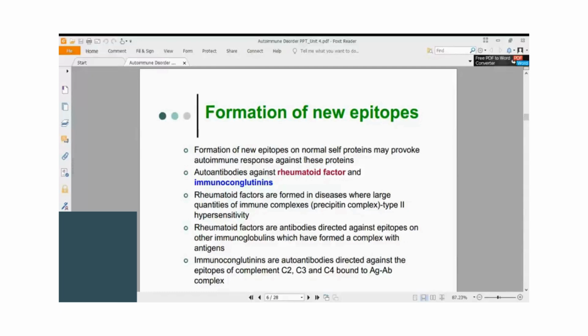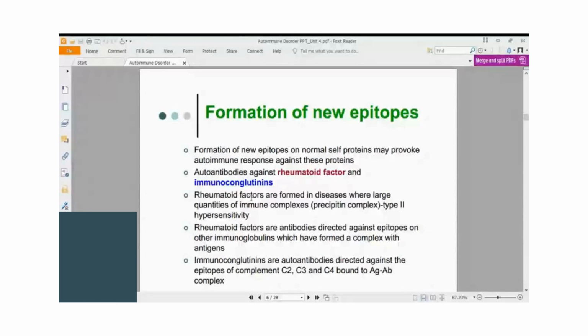And the other antibody which is developed is called rheumatoid factor. The rheumatoid factor could be an IgG antibody or an IgM antibody, either of the two. The rheumatoid factor is nothing but an autoantibody developed against the precipitin complex which had already developed in the body due to excess antigen antibody complex.